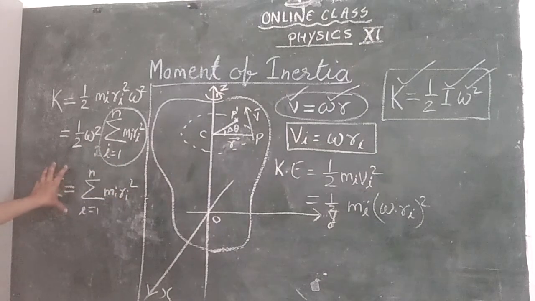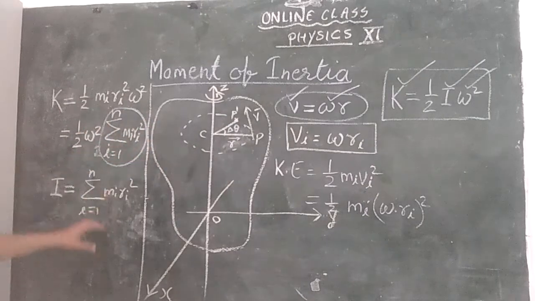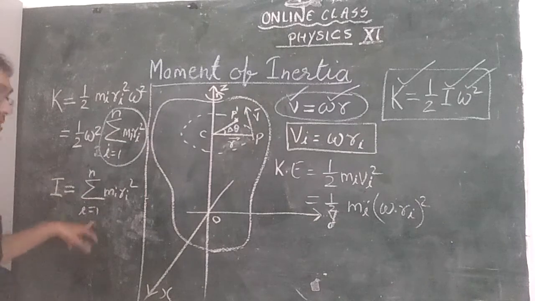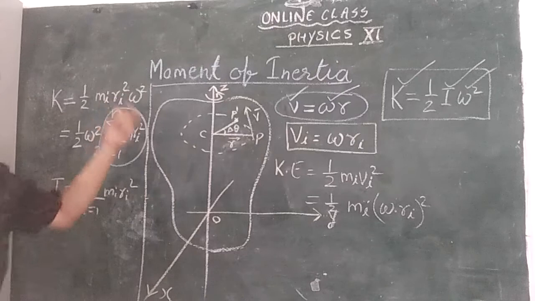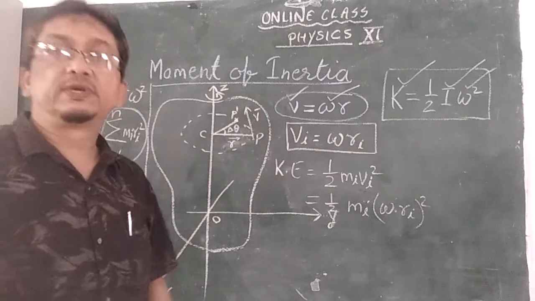This I is the moment of inertia of that whole rigid body, and it is also showing that moment of inertia depends on the mass and the distance from the rotational axis. Okay, so this was the topic.